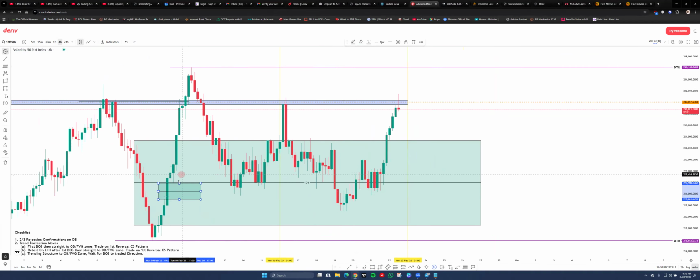We have our fair value or imbalance area here. Yeah, so we have that here. I guess that was why market moved in this particular place.